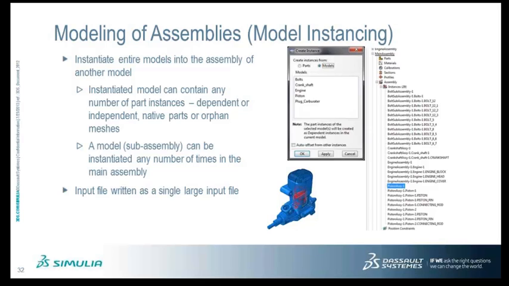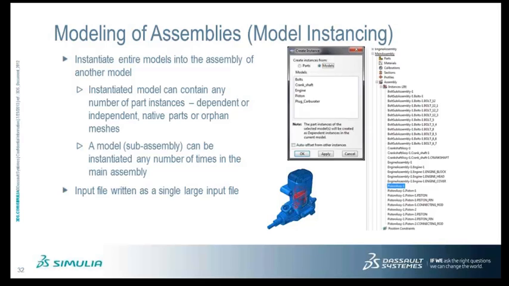The first one I'd like to talk about is model instancing. Recall, in the years past, up until 6.12, you could only create an assembly as a flat structure where you could only instantiate parts. Now in 6.13, I'm happy to say that you can also instantiate previously created assemblies.